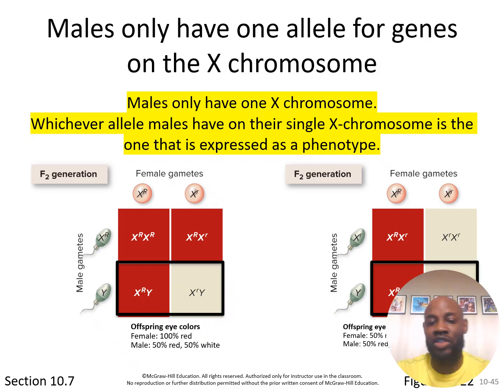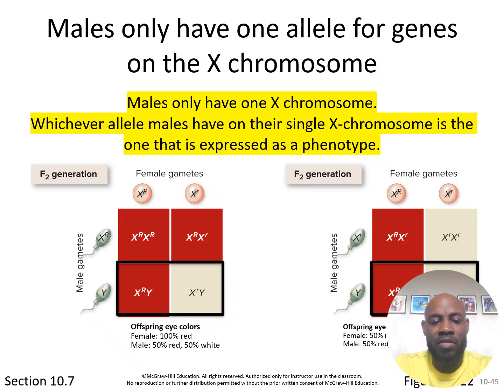All right, and the example here talks about eye color. You see the male has a dominant R on the X chromosome, so they'll have red eyes and only be able to create females with red eyes.